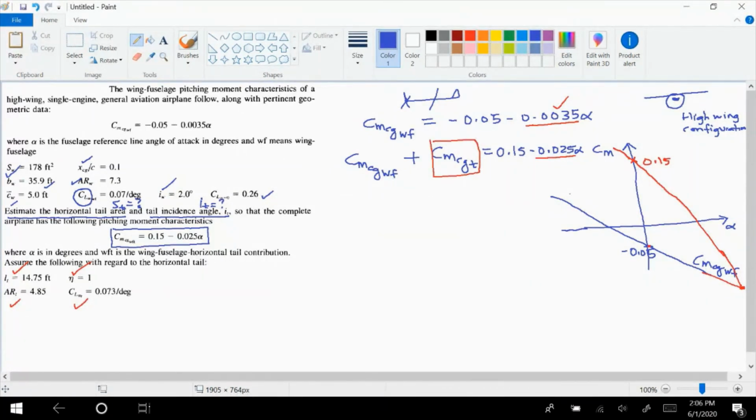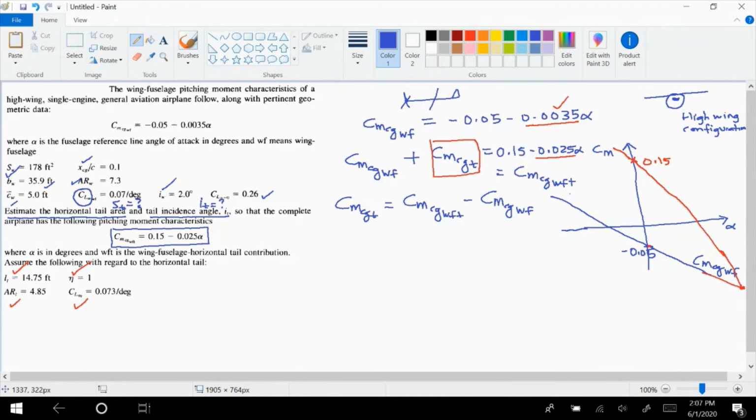Hang on. So basically, we need to find some properties of the tail here. The equation for the moment coefficient of the tail that we had written is going to be used. So Cm cg tail equals Cm cg wing fuselage tail minus Cm cg wing fuselage.